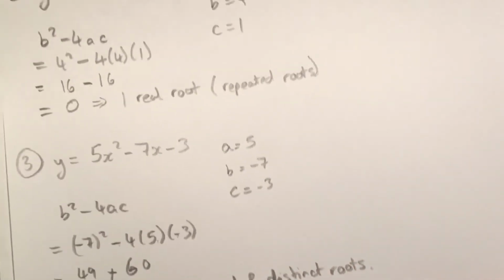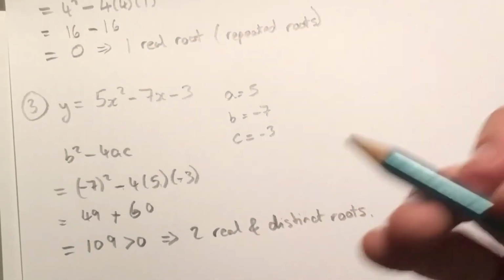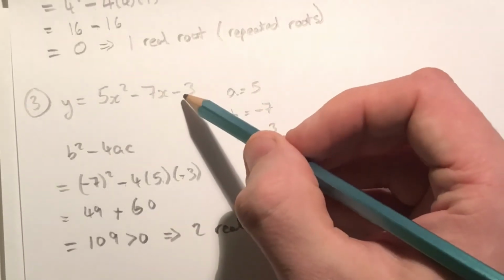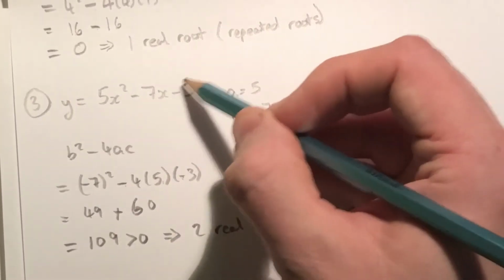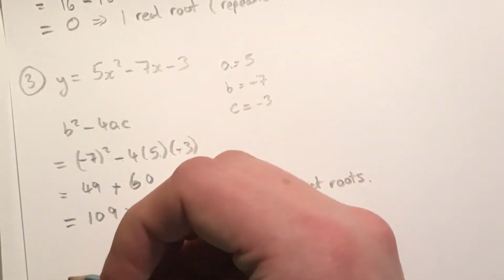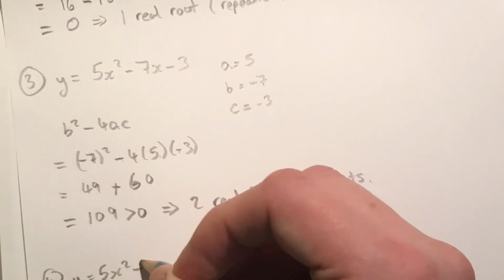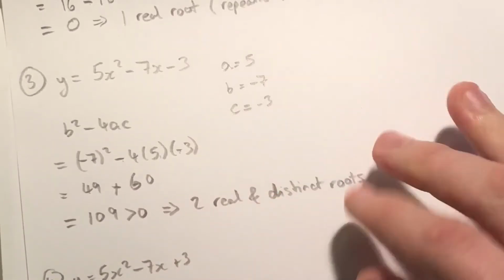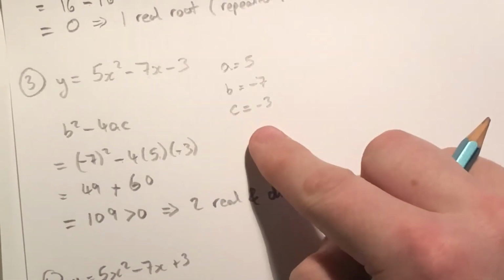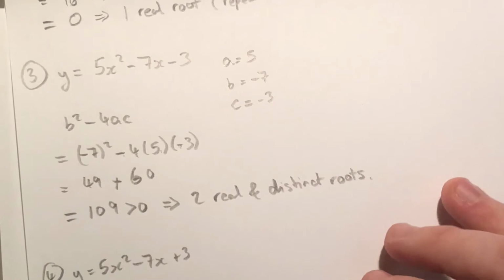Okay. Well, I can change that around just to make sure we do have one that's going to be negative overall. If you just change that into a plus, we'll end up with example 4, y equals 5x squared minus 7x plus 3. So basically we're using the exact same as we did before, just this is now a positive 3 instead.